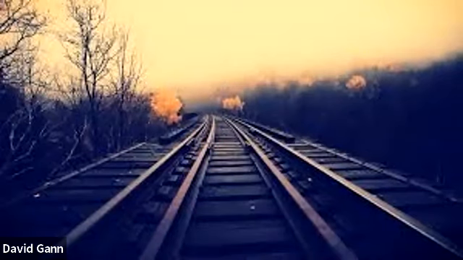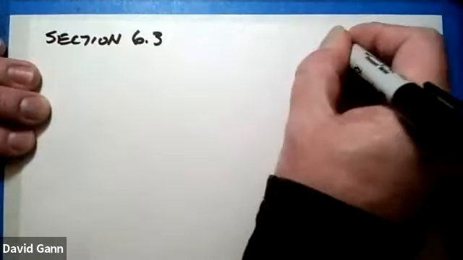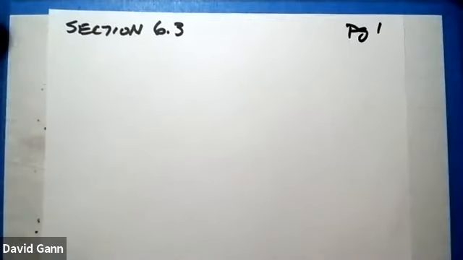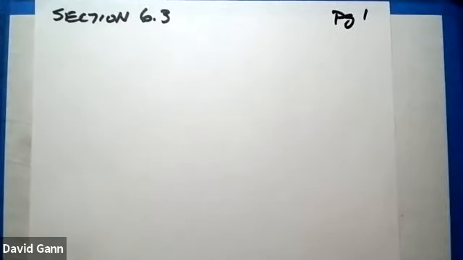Let me switch over here real quick. Okay, so first off, section 6.3, page 1. Let's take a look at this kind of a problem. In all the problems that we've done so far, the argument has been just x, or theta or whatever.